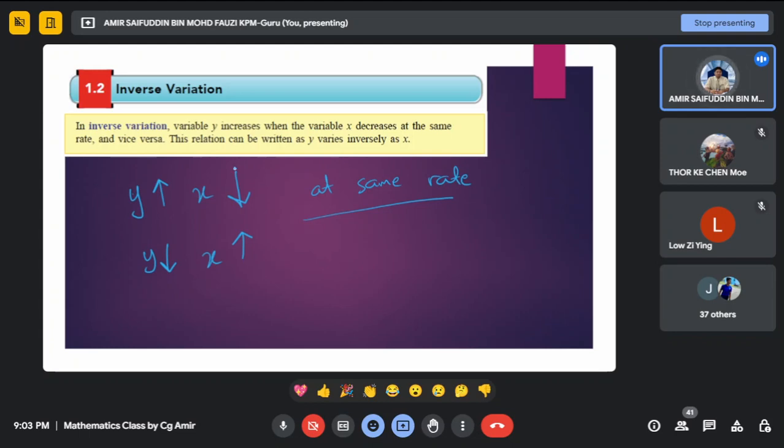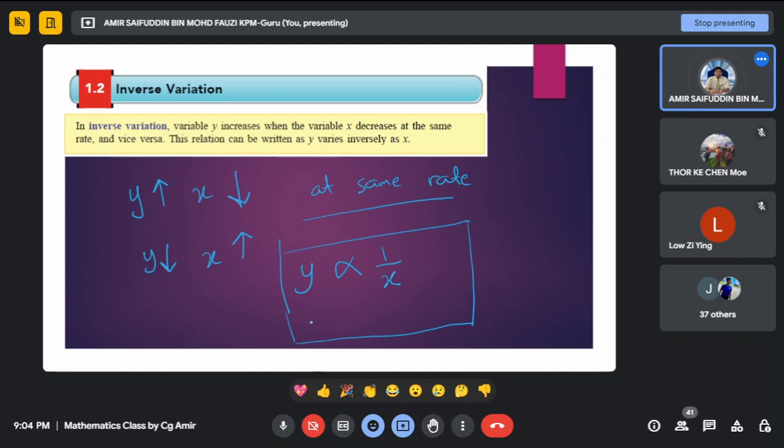So this relation can be written as y varies inversely as x. The variation symbol is the same, we still use this symbol. The difference between a direct variation and an inverse variation is that for inverse variation, we write y varies inversely, so inversely is 1 over x.